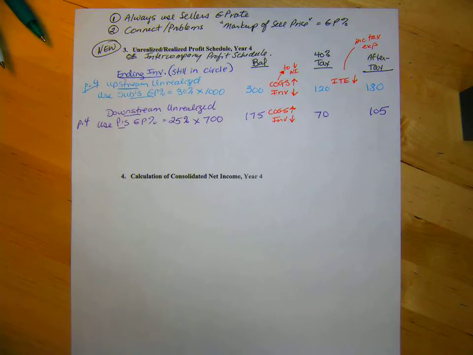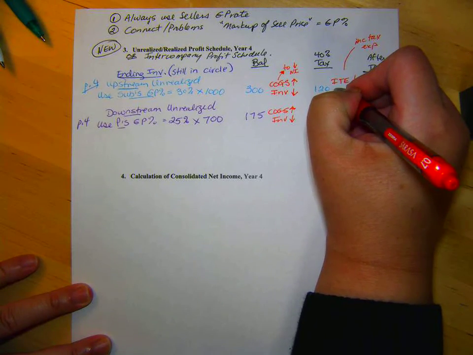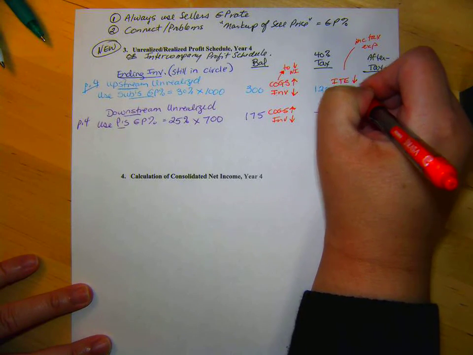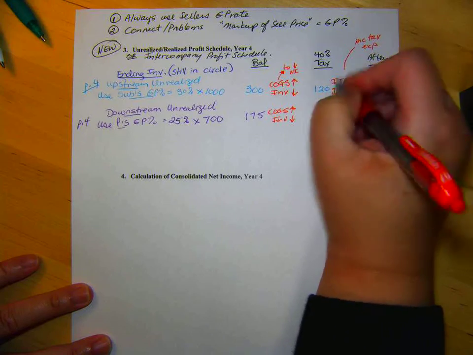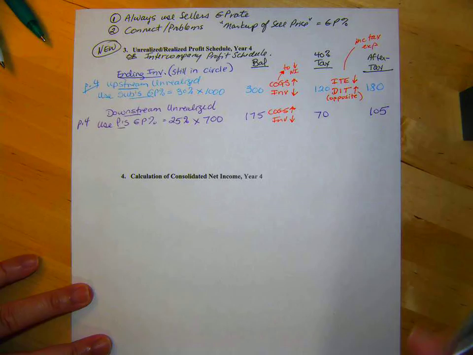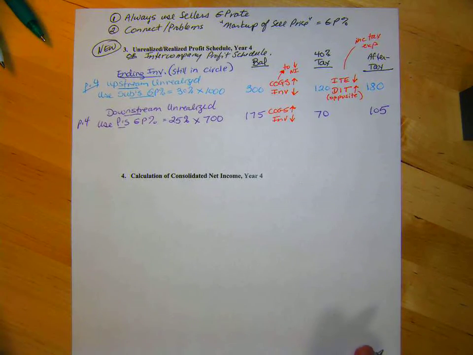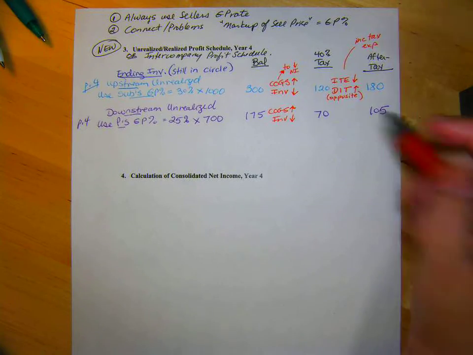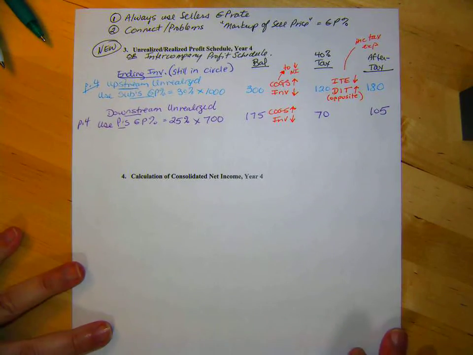Income tax actually takes each entity by itself and figures out tax for that. Okay? And deferred income tax will go up. It's always the opposite. Now, you learned deferred income tax last year in 316, so you can look at it and figure it out, but that's a handy little rule to remember.